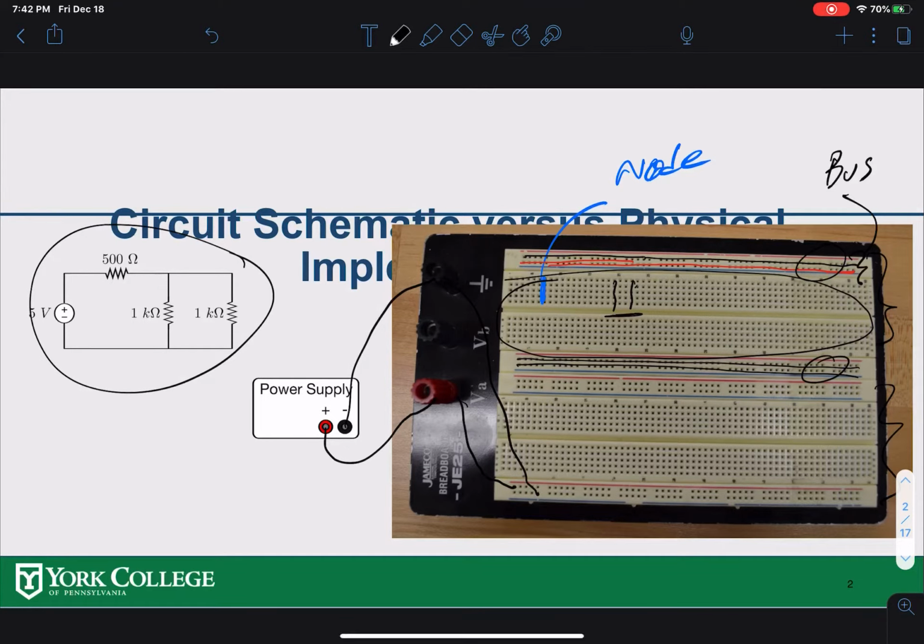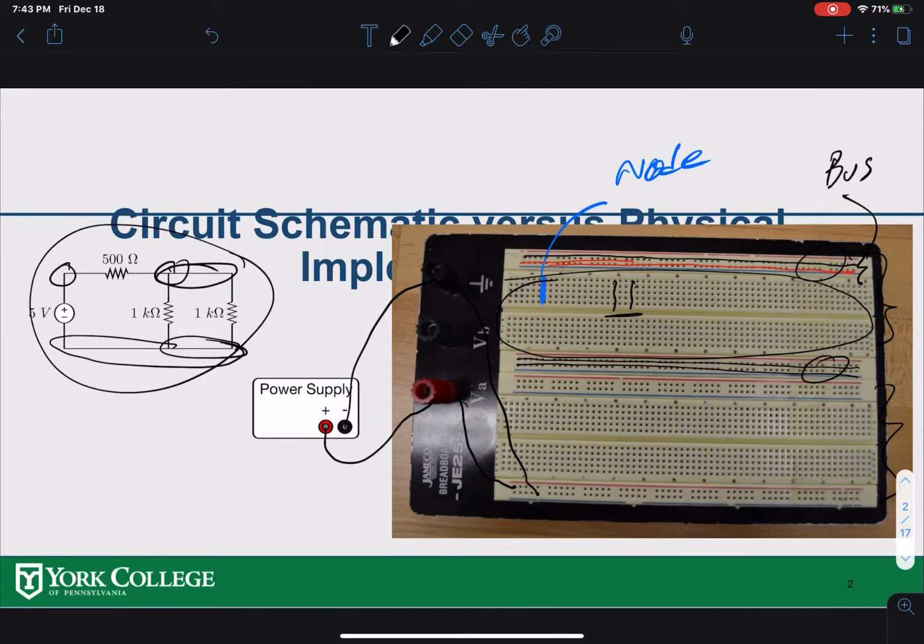So I connected 2 different points here. That means this whole rail now has 5 volts, and this whole rail over here is the reference. Now to make the connection, these are the connection points right here. This is the same point over here, and all the way, this is all the same point.